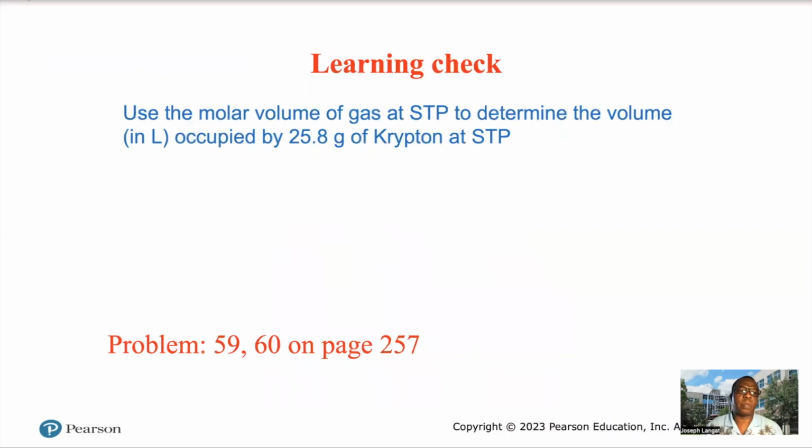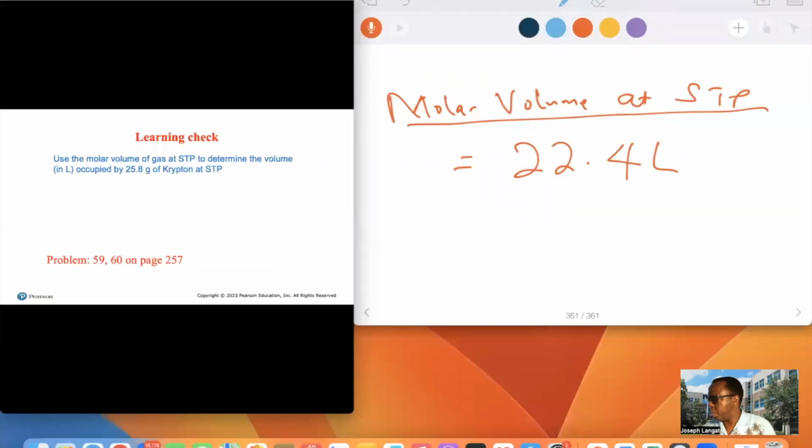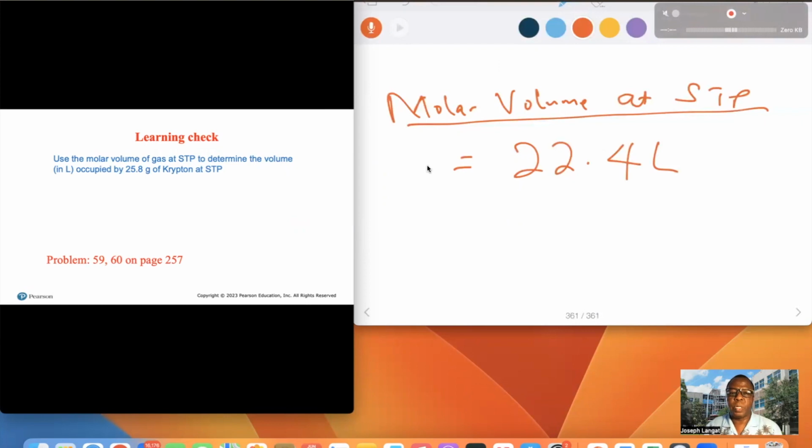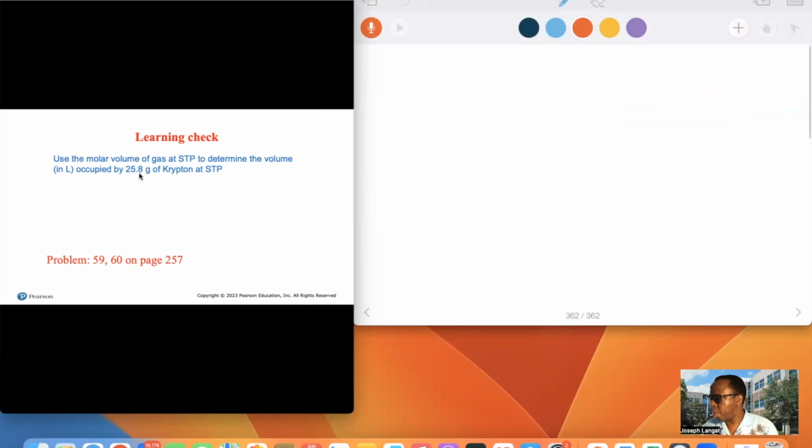If I want to find the molar volume at STP, remember that 1 mole of krypton equals 22.4 liters at standard temperature and pressure.